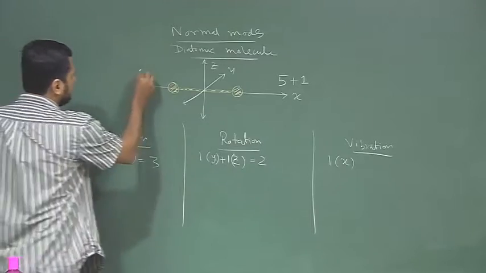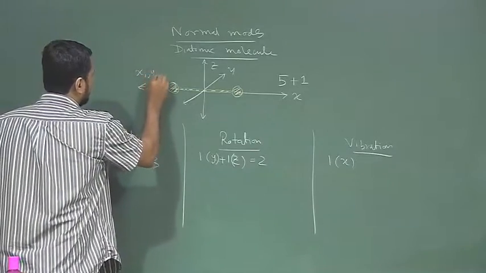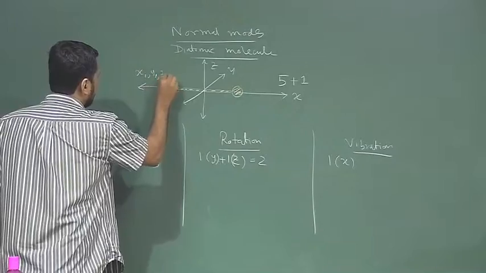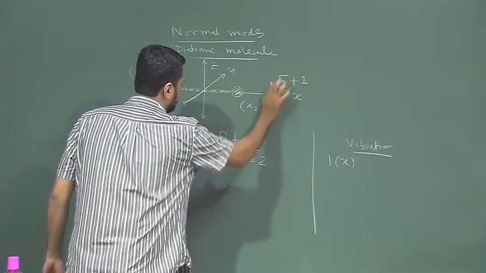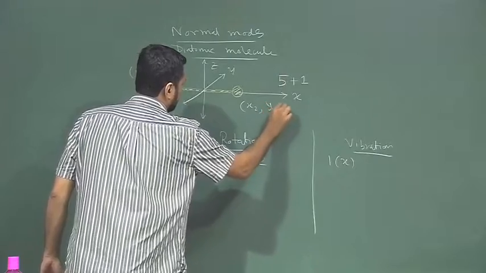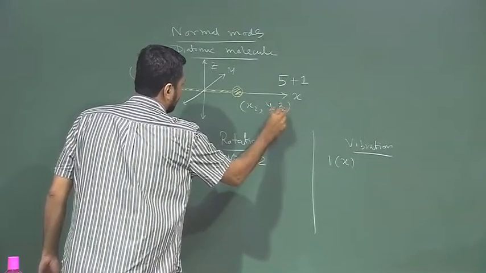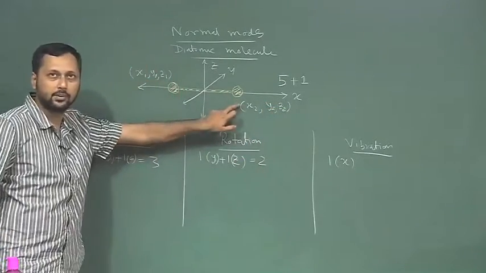Now, let us say the coordinate is x1, y1, z1 and for this it is x2, y2, z2, the coordinates of the point masses, right.